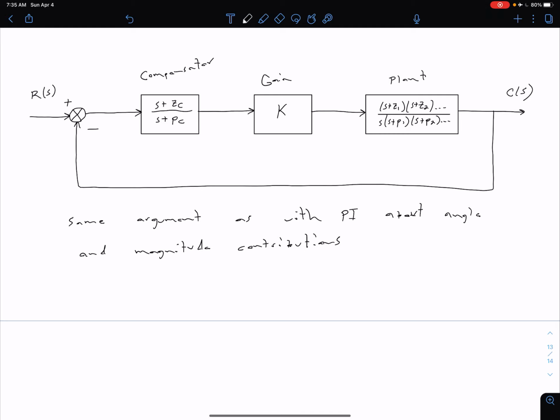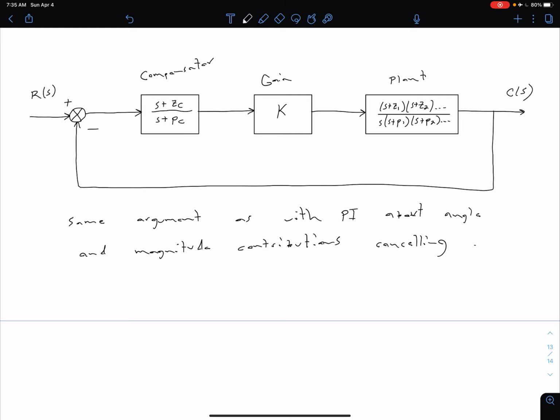And remember, the thing we said was that the angle and magnitude from our zero is going to cancel out with the angle and magnitude from our pole. So we want these two to be canceling out, and this is particularly what we're talking about for our compensator.